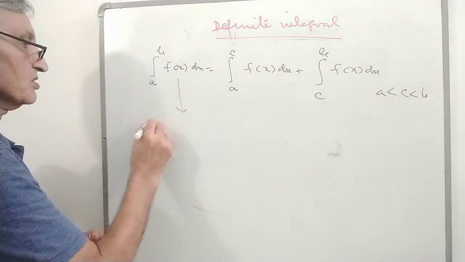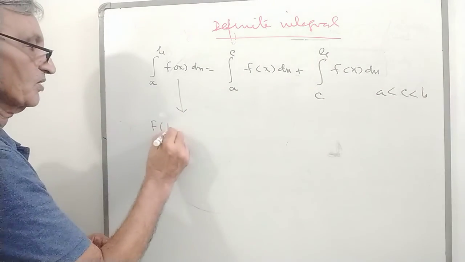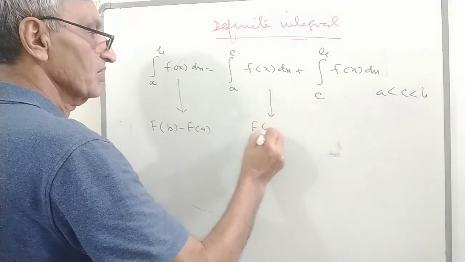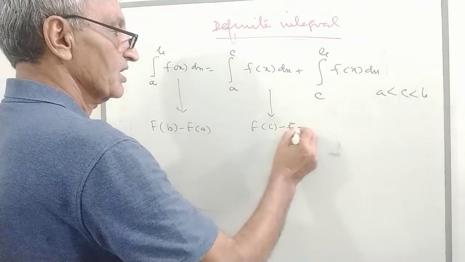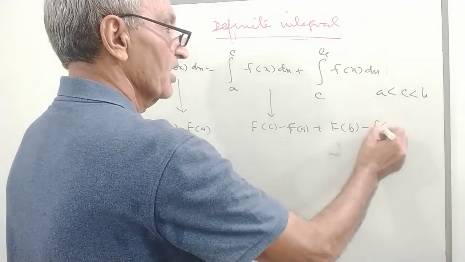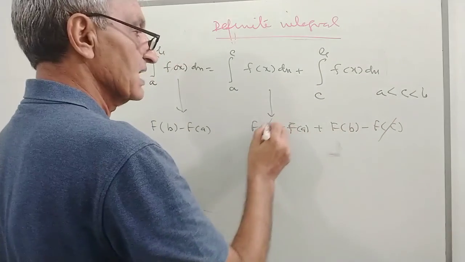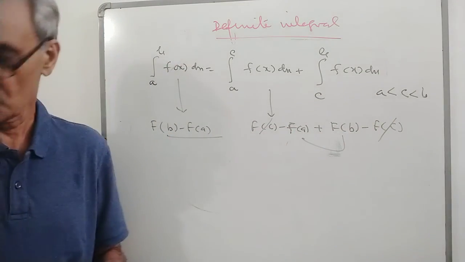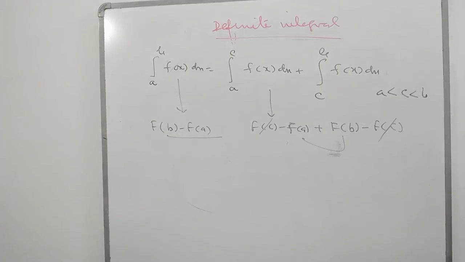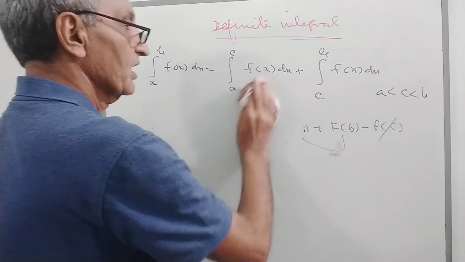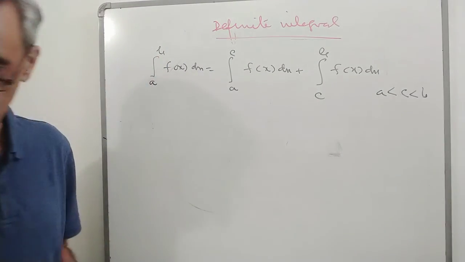This is F(b) minus F(a). Here, F(c) minus F(a) plus F(b) minus F(c), and F(c) and F(c) cancel, leaving only F(b) minus F(a). Therefore it's true.